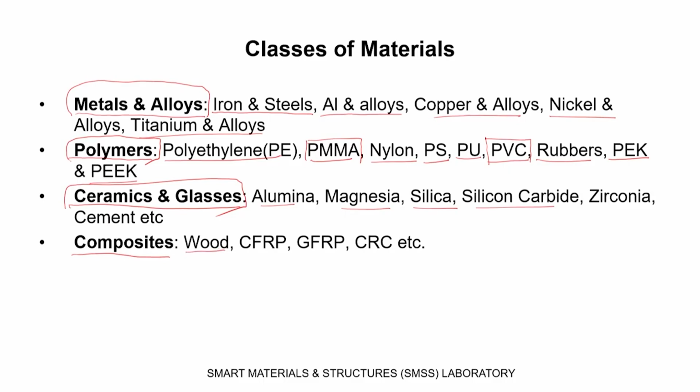These are all composites, but we also have our own synthetic composites today, like carbon fiber reinforced plastic, glass fiber reinforced plastic, or carbon reinforced composite, etc. So, these four groups are the broad classes of materials we have to keep in mind when we select materials for mechanical design.